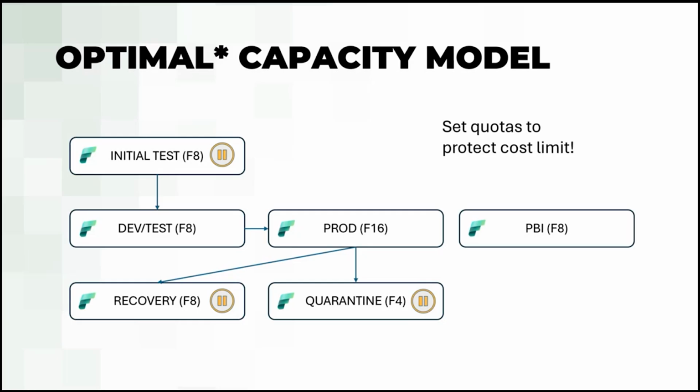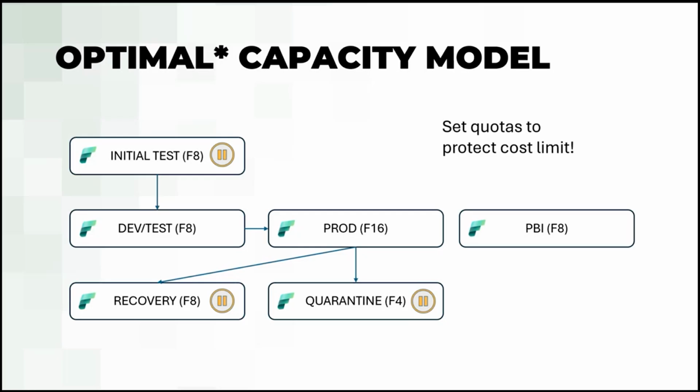Once we're happy that they're not using too many CPUs, we can then move on to test and dev. And that should be one capacity itself. You can separate it into a third one, where dev, test, and prod are separate, and that's great. But dev and test works fine.